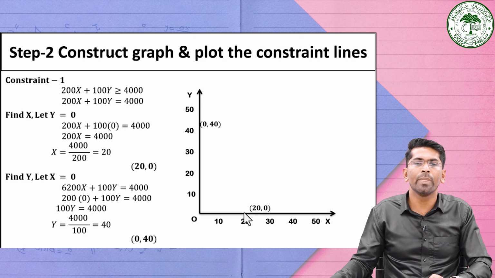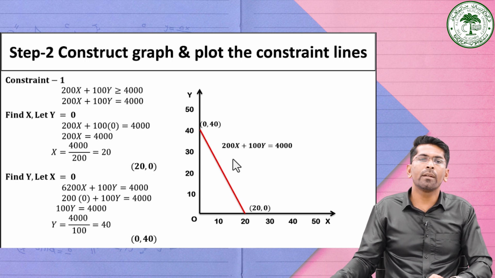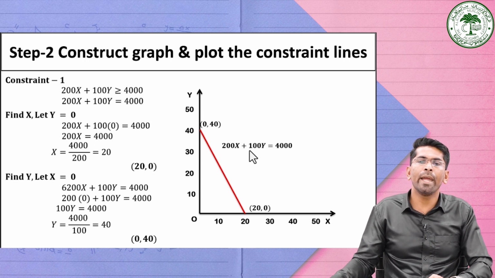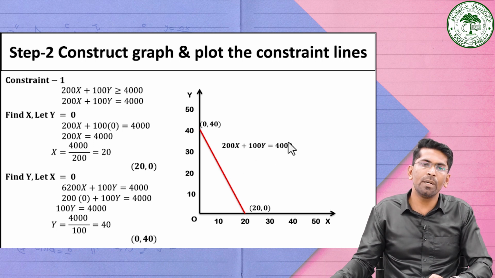Similarly, when x is equal to 0, y is equal to 40. These two points I am going to connect with a line, this red line, which represents constraint number 1, that is 200x plus 100y equals 4000.